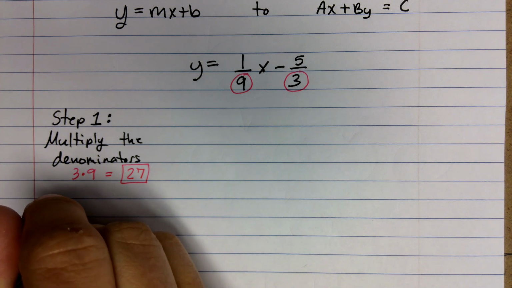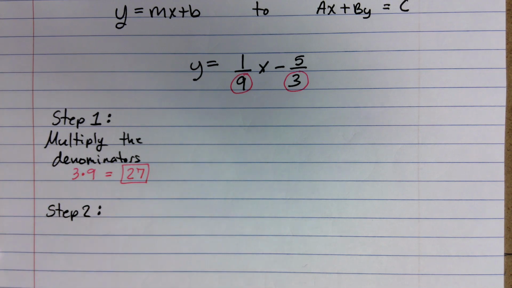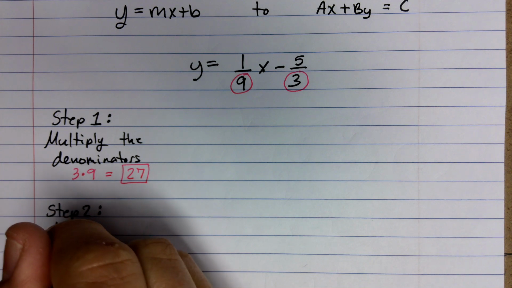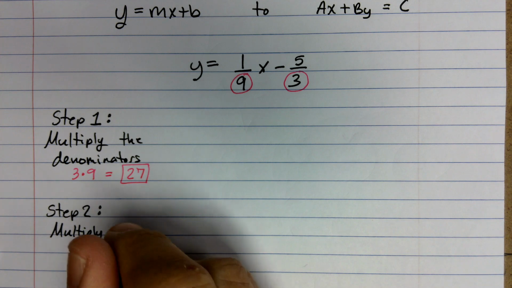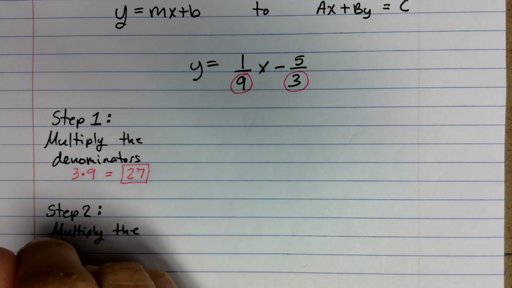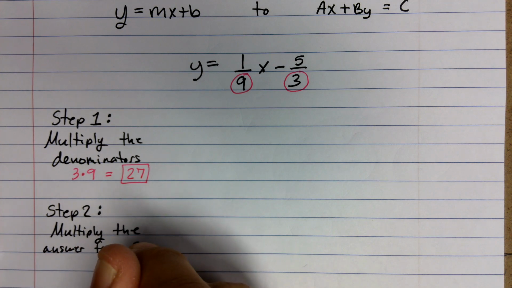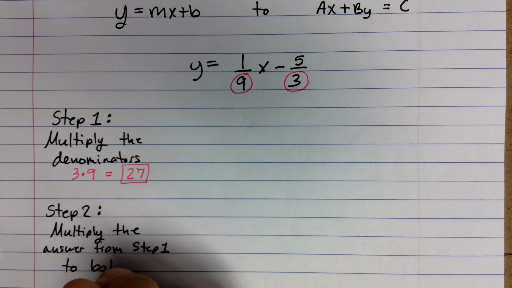So step 2, we're going to multiply the answer from step 1 to both sides of the equation.